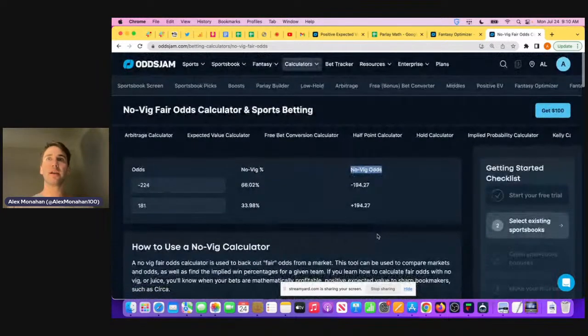If you go to a car dealer and he buys your car for $10,000, then he's trying to sell it for $15,000, he charged a $5,000 spread. So he thought the true price, the no-vig price, the no-spread price of your car would be the midpoint. He thought your car was worth $12,500.